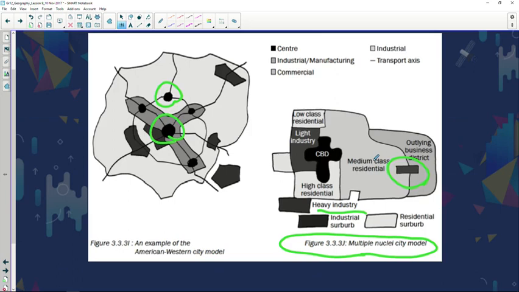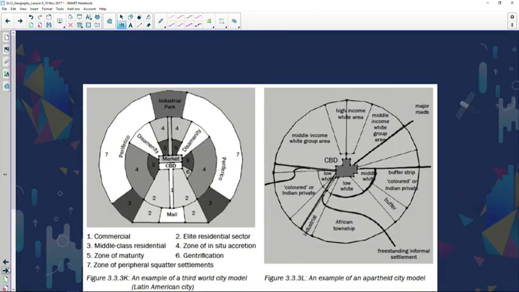Outlying business districts is where others provide services outside of the CBD because the land is cheaper and it's less congested. Now, there's an example of third world countries. As you can see, your CBD right in the middle, your low income closest to it, your industrial parks furthest away because of the amount of pollution.